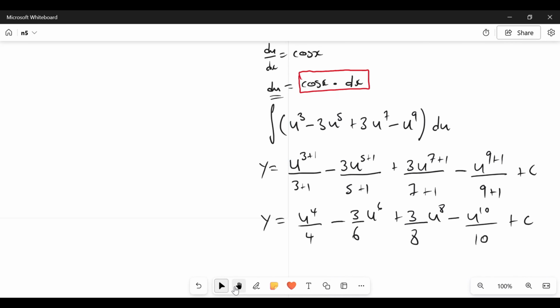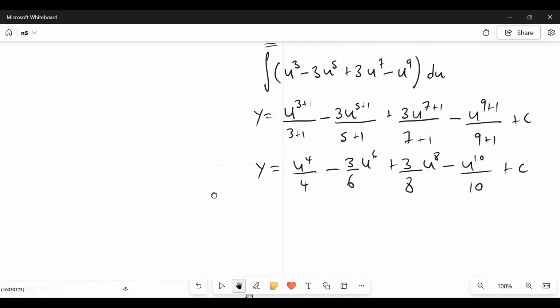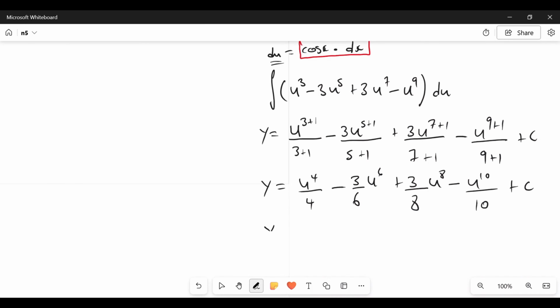Let's substitute it back. Let me create a space a bit. So y is equal to, wherever there is u, we have to substitute by sine x. Sine to the power of 4 x divided by 4. There we go. And then minus, we have 3 divided by 6. This is going to give us 1 over 2.